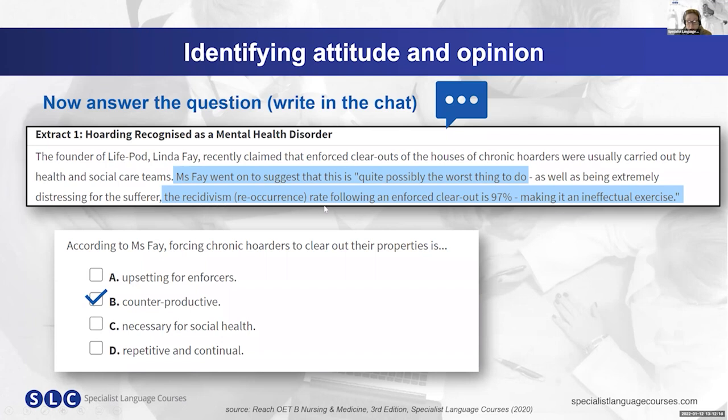The reoccurrence rate following an enforced clear out is 97%. So if you force them to clear out their house, they'll just start hoarding again, making it an ineffectual exercise. So if it's ineffective, counterproductive, it's just going to cause them to hoard again.